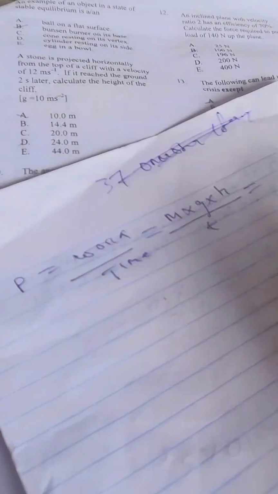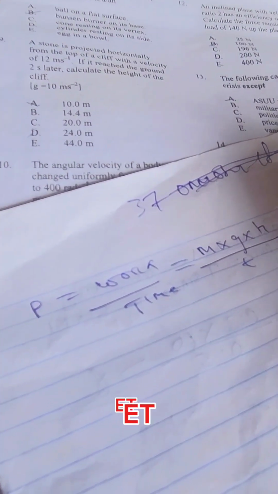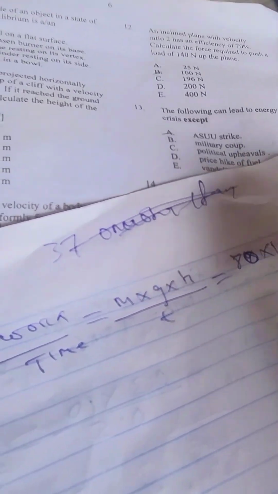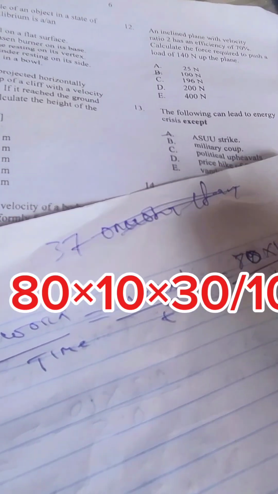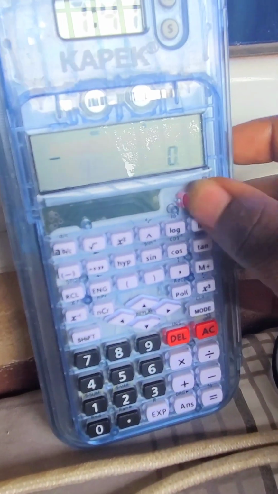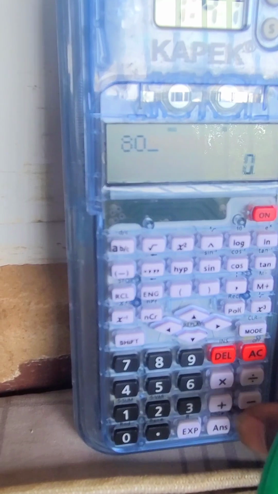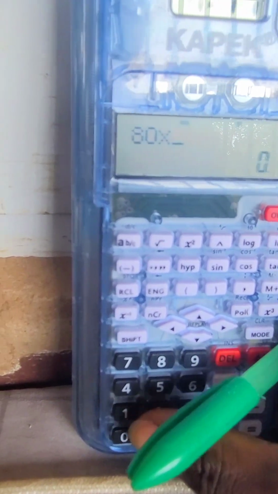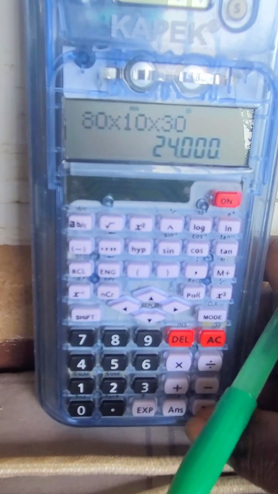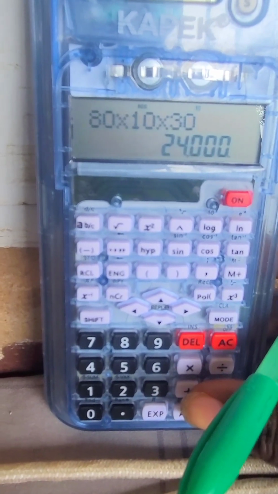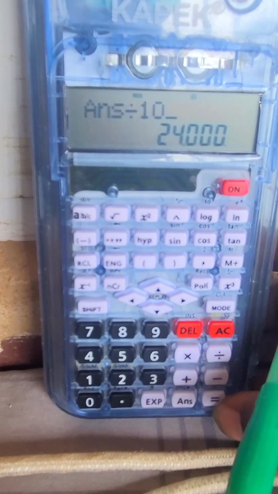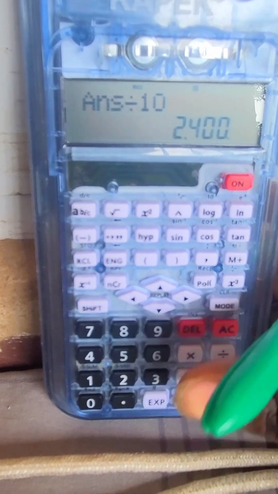So 80 times 10 times 30 over time, which is 10 seconds. So let's punch our calculator here. 80 times 10 times 30 will be equal to 24,000. So 24,000 divided by 10 will be 2,400.